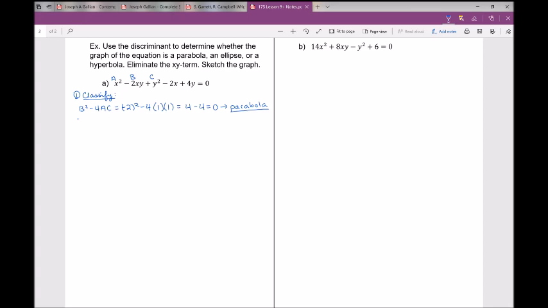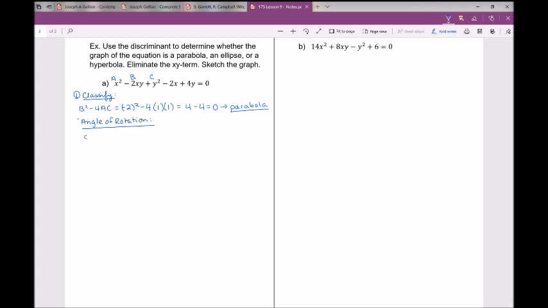All right, okay. Now, before we eliminate the xy term, let's figure out how much our axes are rotated. Okay, so this would be the other part of a question on your test. So for the angle of rotation, we want to go back to that formula that was at the beginning of the notes.